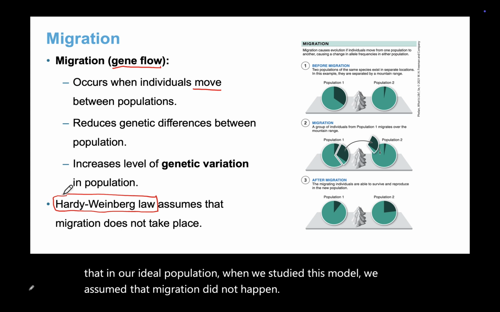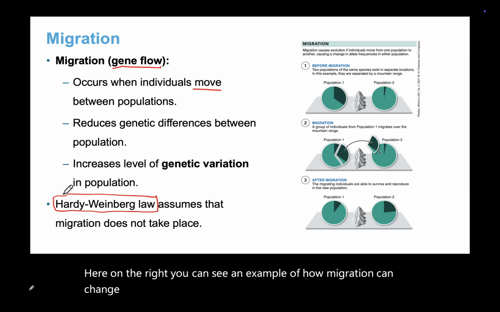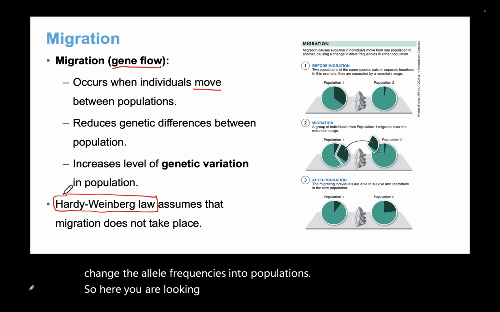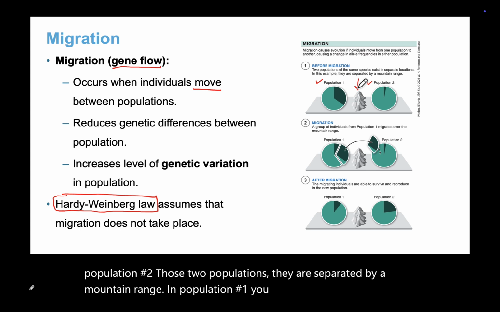Here on the right, you can see an example of how migration can change the allele frequencies in two populations. So here you are looking at two populations, population number 1 and population number 2. Those two populations are separated by a mountain range. In population number 1, you have individuals with, for instance, alleles.